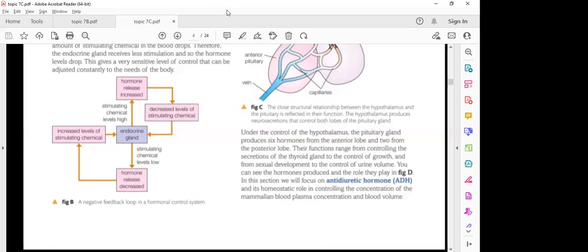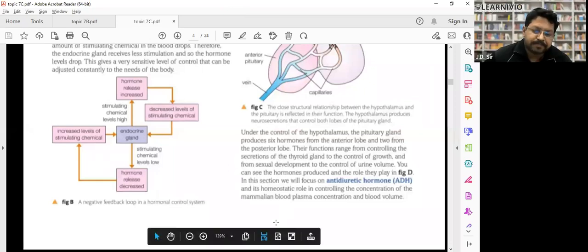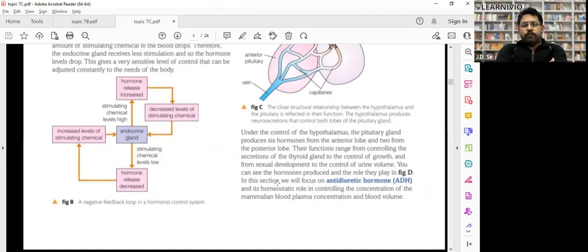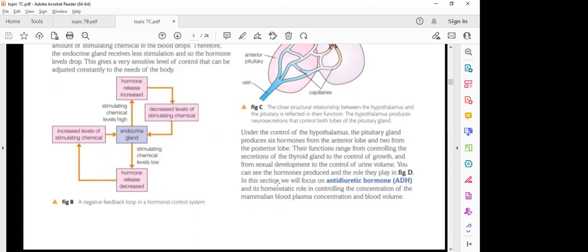I don't know. Oh, come on. No? You don't know what diuretic is? Antidiuretic is the opposite of diuretic. If you drink too much coffee, you have to go for frequent urination. That is true. Take tea, you have to go for urination.